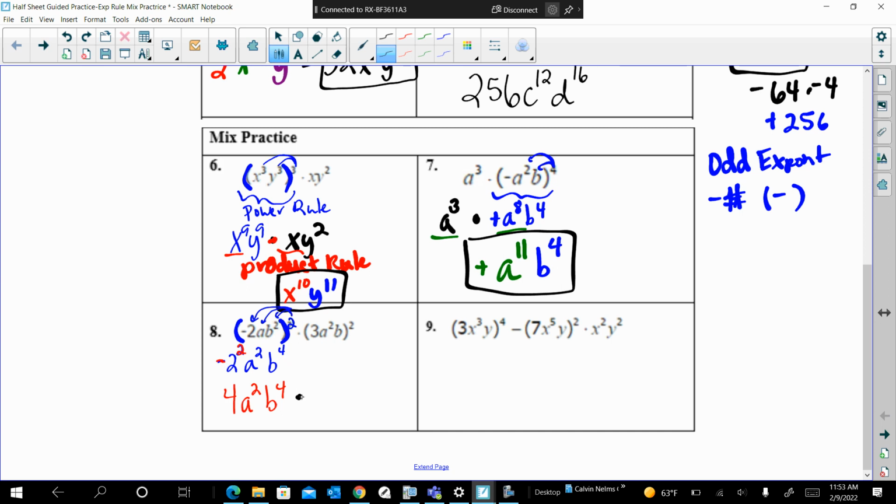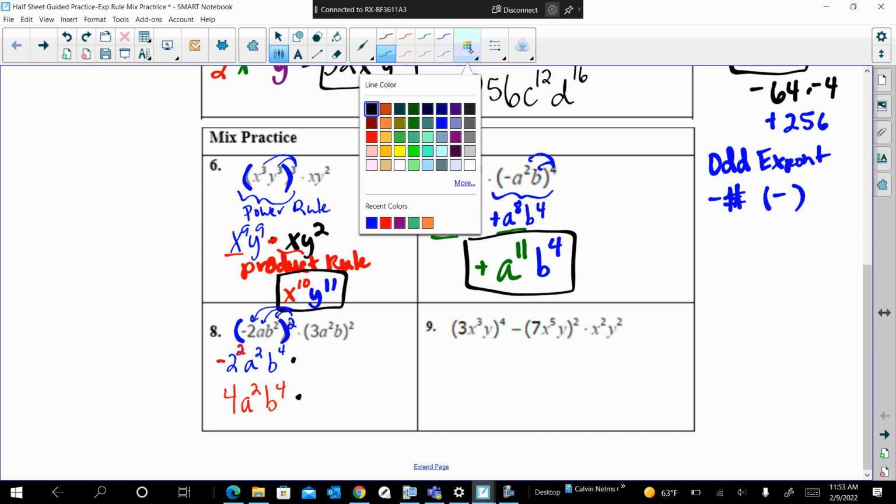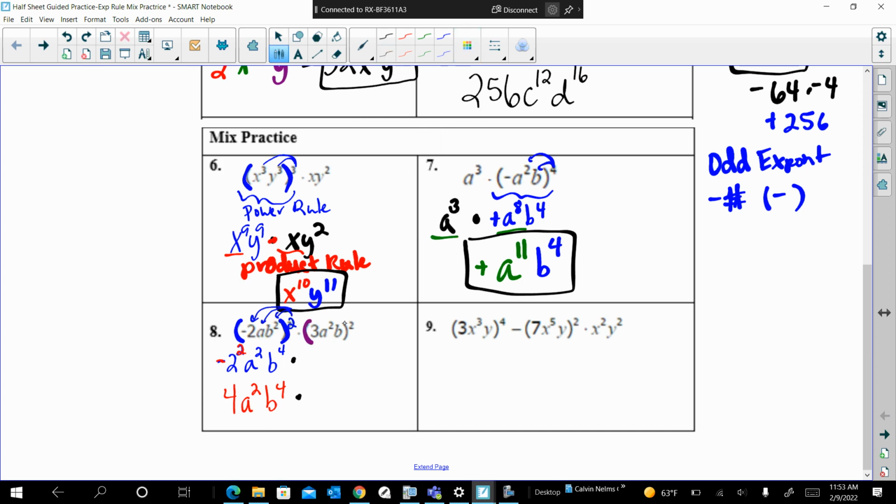9a to the power of 4. The second power. Yeah, this one we're going to do the next set of parentheses, which has a 2. I'm distributing that 2 to each term. So yes, this becomes 9, a to the 4th, b to the 2nd power. Now, because we're multiplying, what do we have to do to the exponents?